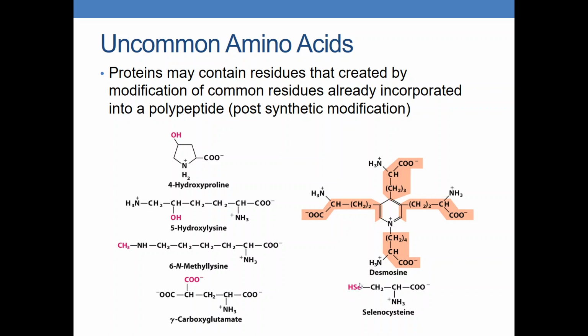Selenocysteine, on the other hand, because it has a pKa that is lower than biological pH, is going to be deprotonated. It's going to exist as an anion that is going to be able to do very potent nucleophilic chemistry. So the use of selenium here is important for facilitation of nucleophilic chemistry.